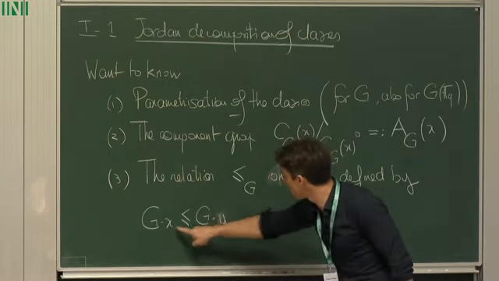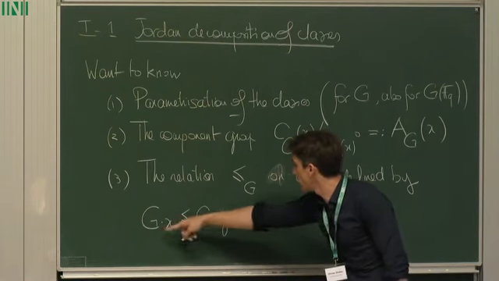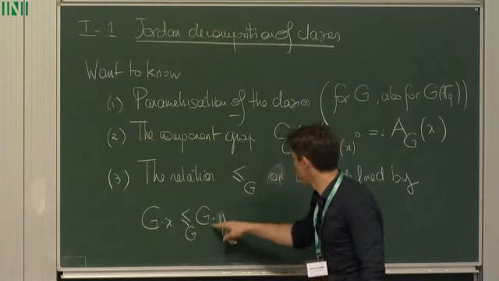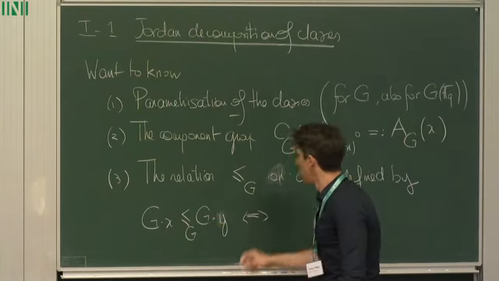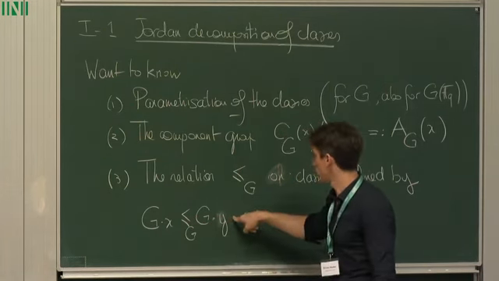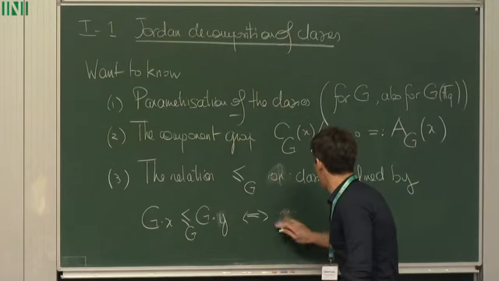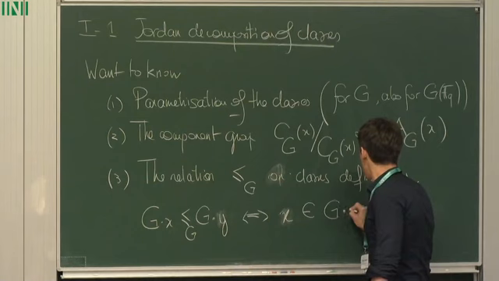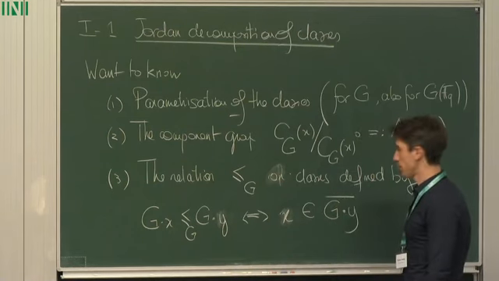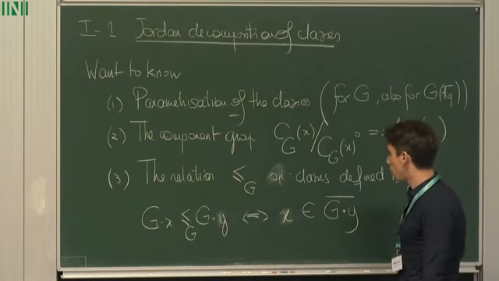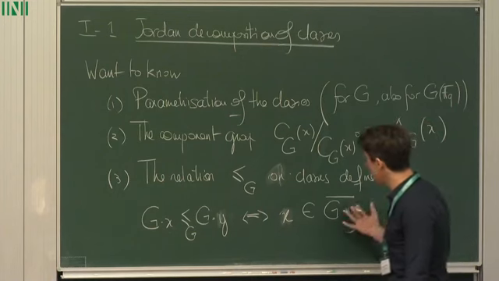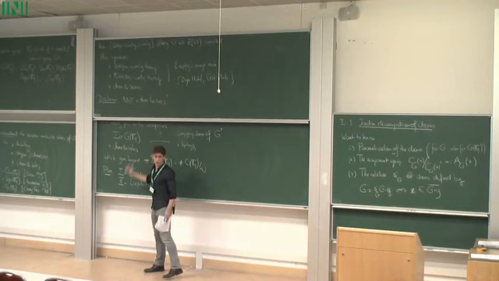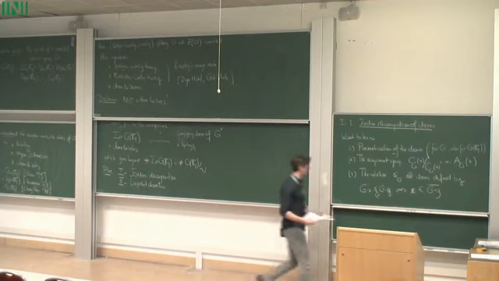By this I mean I pick two elements x and y and I look at the conjugacy classes. So this one is smaller than this one if and only if this class lies in the closure of this one. It's the same as asking for the element x to lie in the closure of the class of y. Okay, so that's a partial order that you can define on classes, and it turns out again to be very important in the classification here, especially when you want to compute the character values.